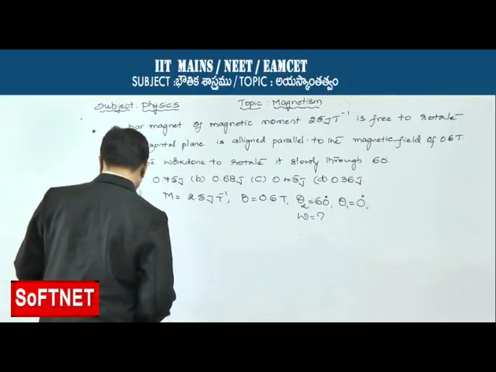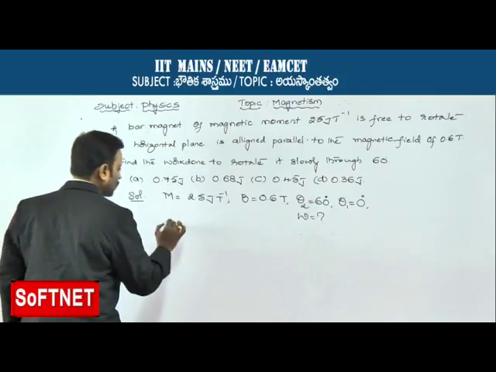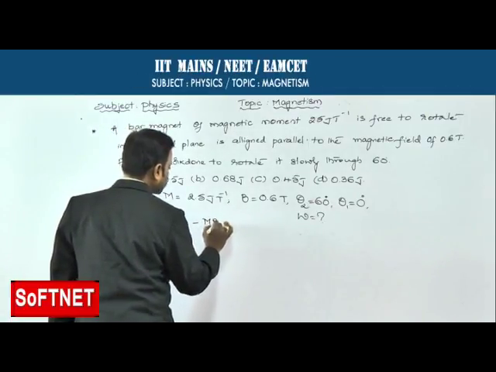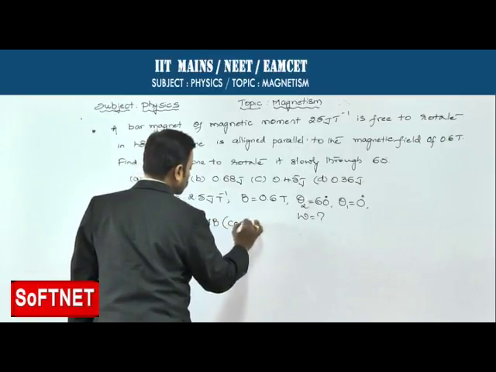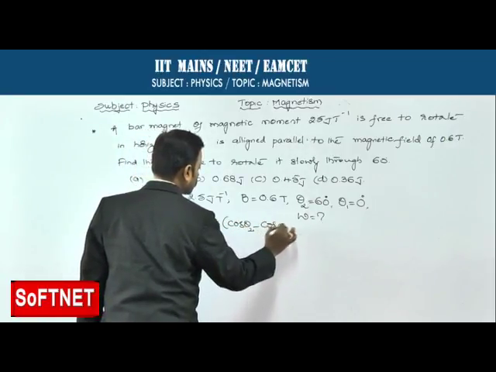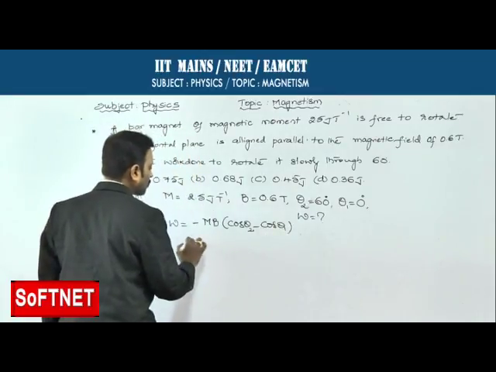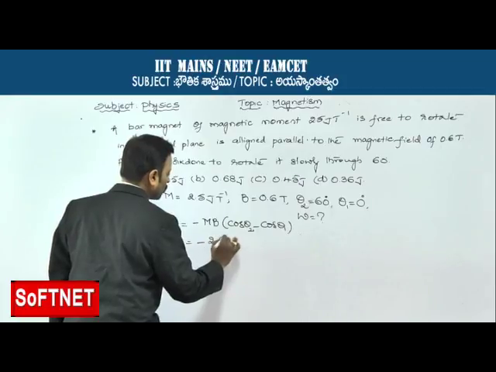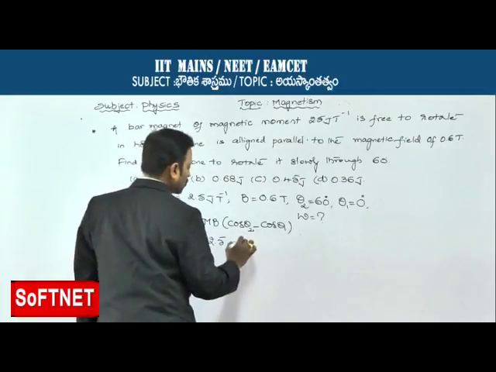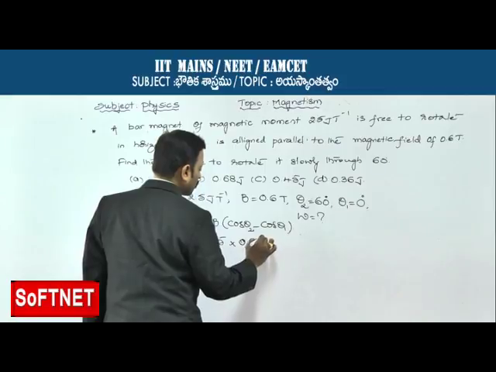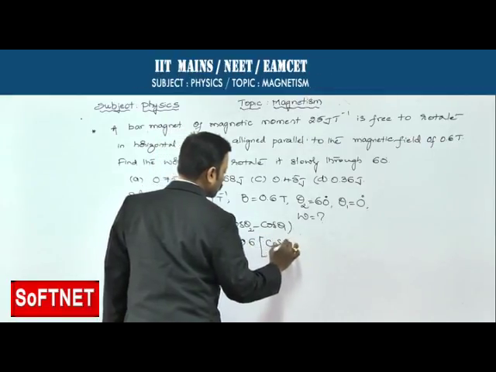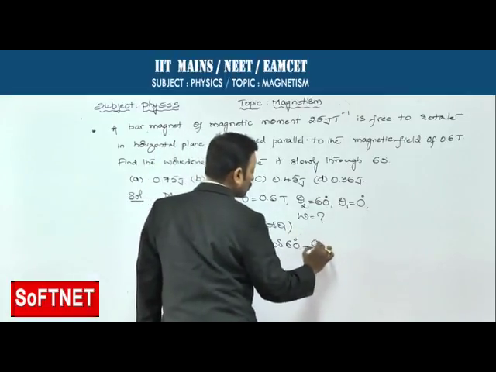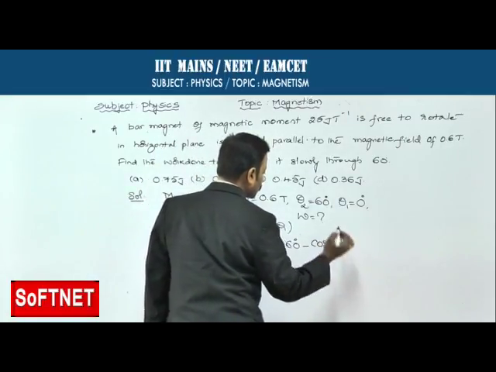The formula for work done in rotating a magnet in a magnetic field is W is equal to minus MB (cos theta 2 minus cos theta 1), that is minus M, which is given as 2.5, induction B is 0.6, (cos 60 degrees minus cos 0).